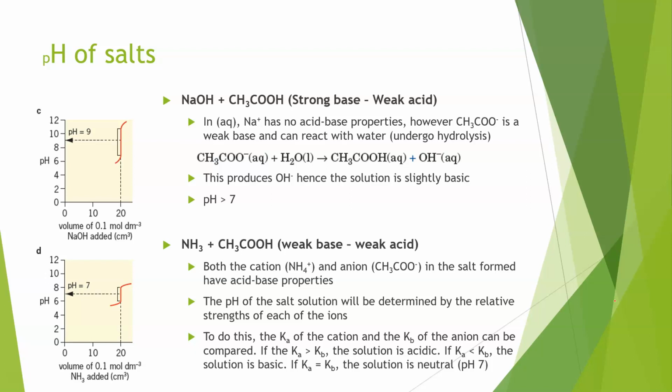If the Ka is greater than the Kb, then the acid wins out and the solution will be slightly acidic. If the Ka is less than the Kb, then the solution is basic. If they are roughly equal, then the solution is going to be neutral. So in this case, you're going to need to refer to your data booklet to compare the Ka and Kb values to determine where the equivalence point would sit.